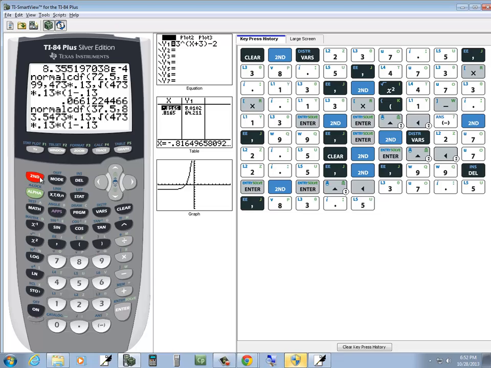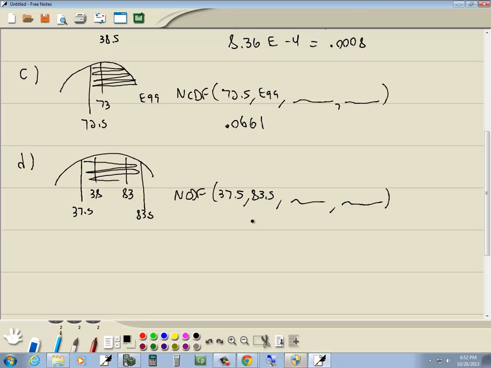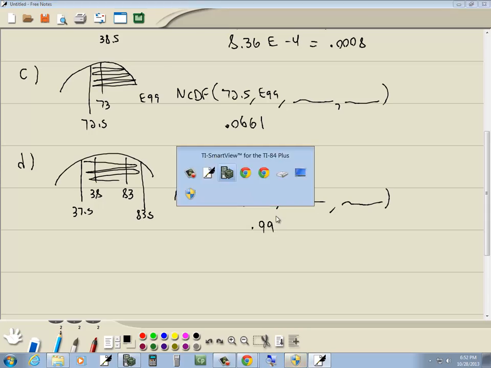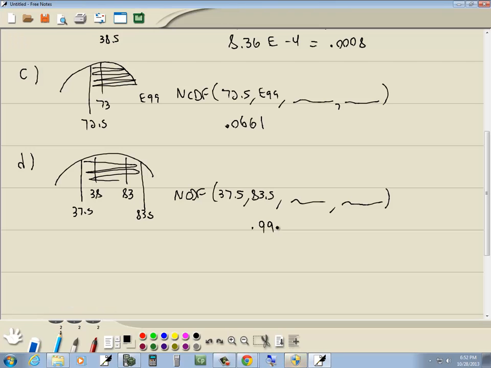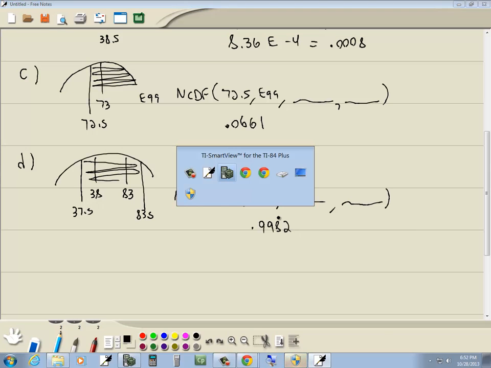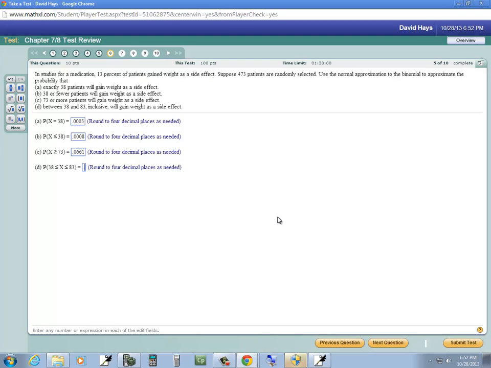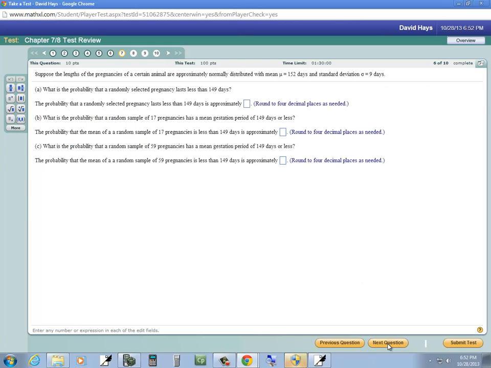And then second, delete for insert, put a comma. 473 times, okay, the rest of it's fine. So I press enter. And we get 0.9982. So 0.9982.